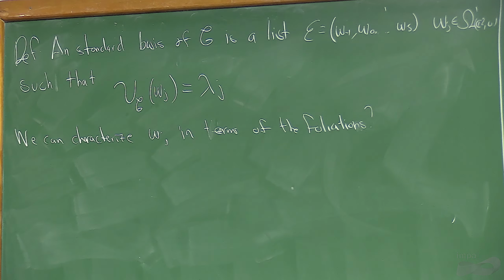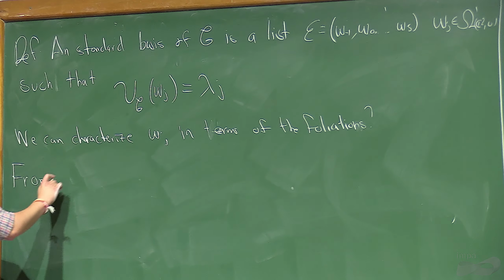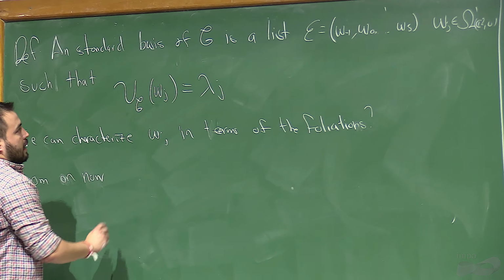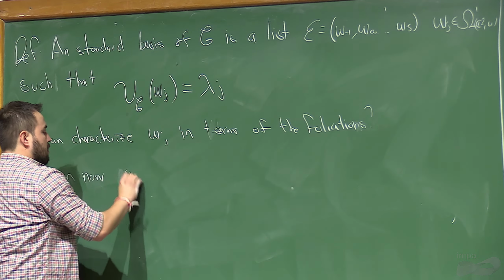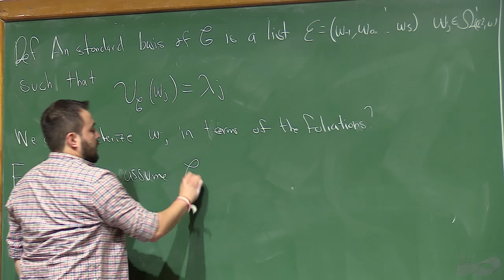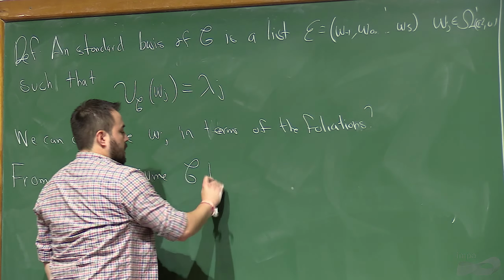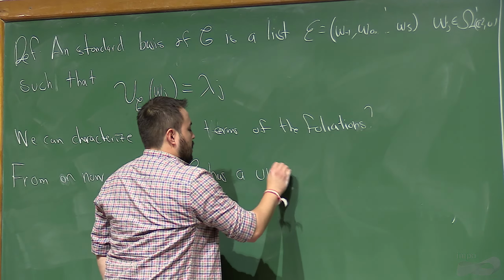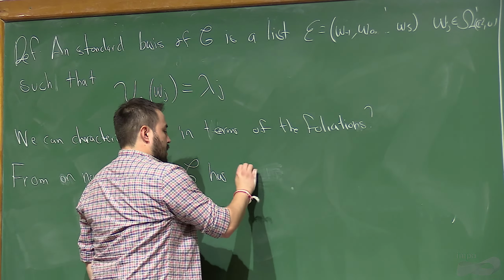So, from now, I assume that C has only one Puiseux pair.